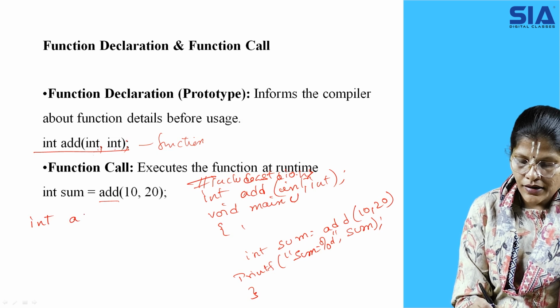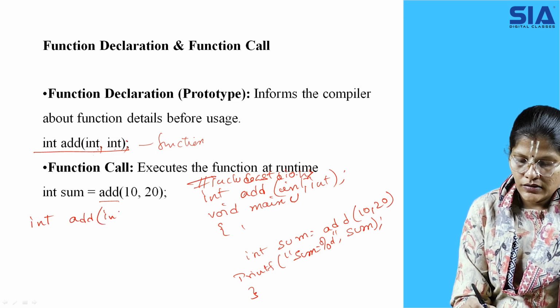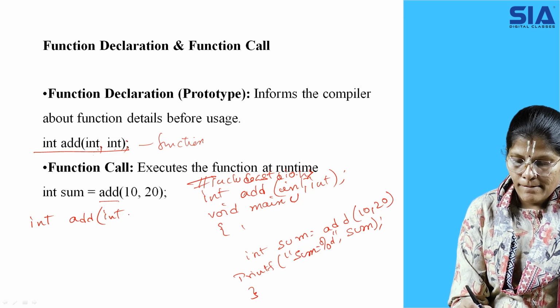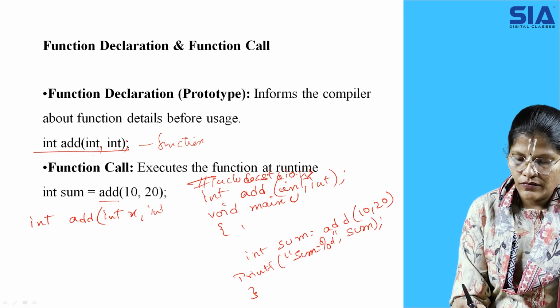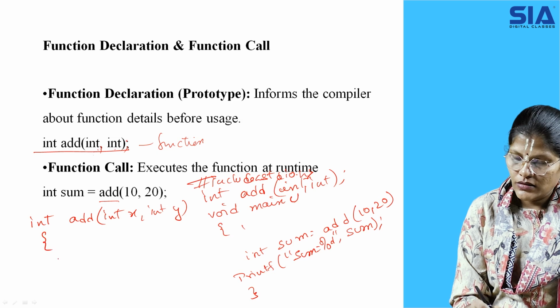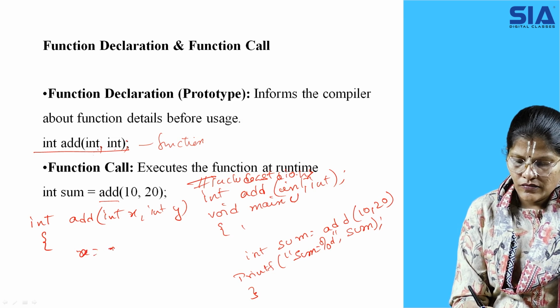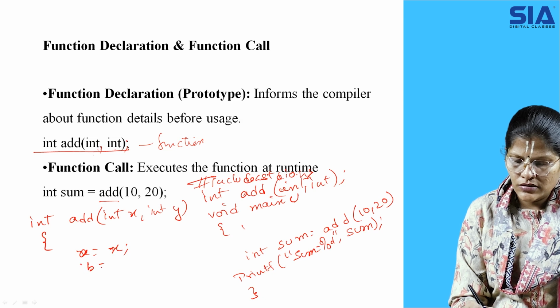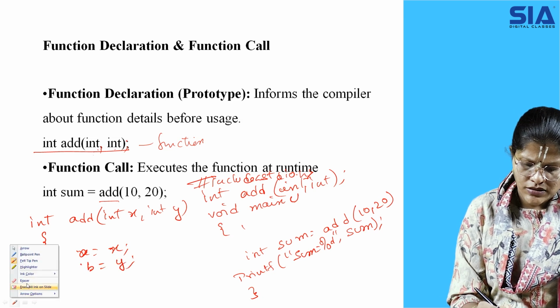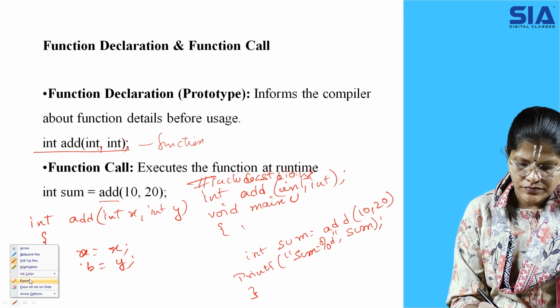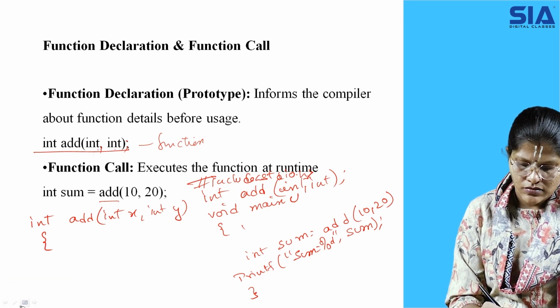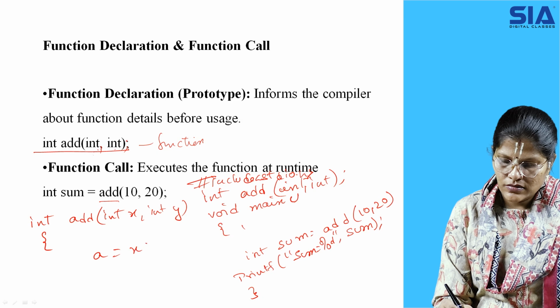Now we have to specify the body of the function, that is int add, int x comma int y. In this, a value is x and b value is y, or you can directly mention it as x. So a is equal to x and b is equal to y.